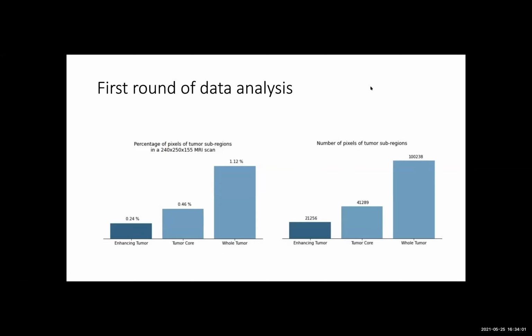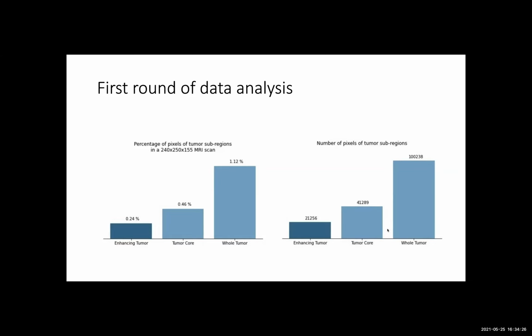And I have done the first round of my data analysis. For this, I have calculated the pixels of the tumor in the picture. So those are the average number of pixels for each type of tumor in an MRI scan.